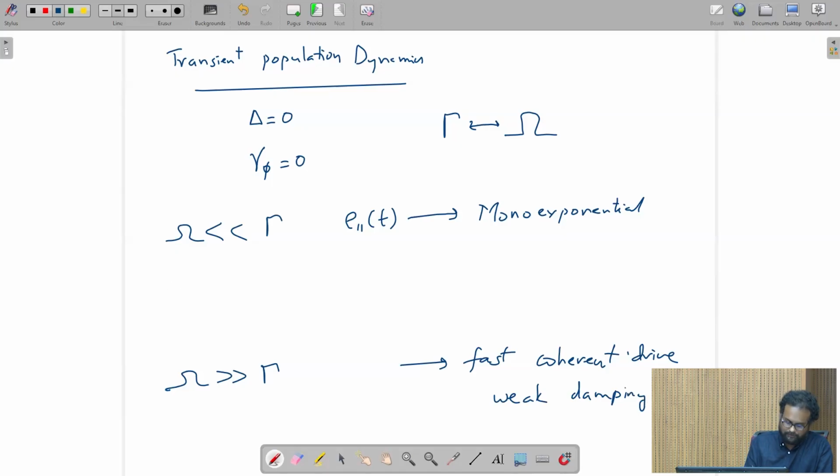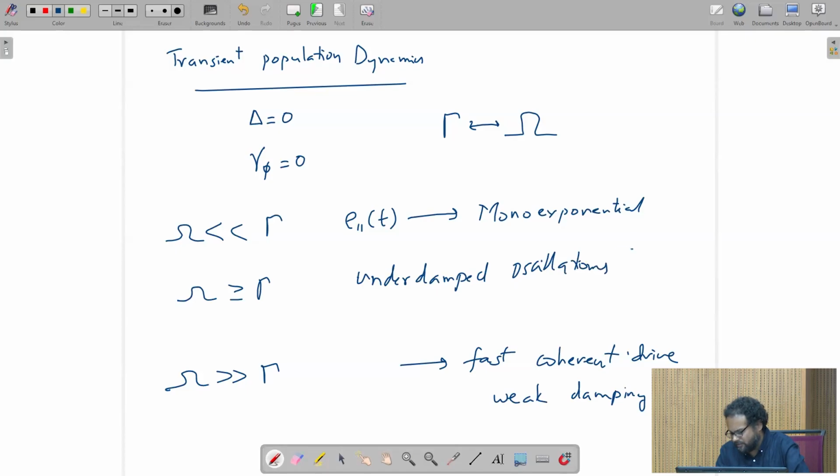If you are in between, then you'll have what is called underdamped oscillations, sometimes referred to as Rabi flops.